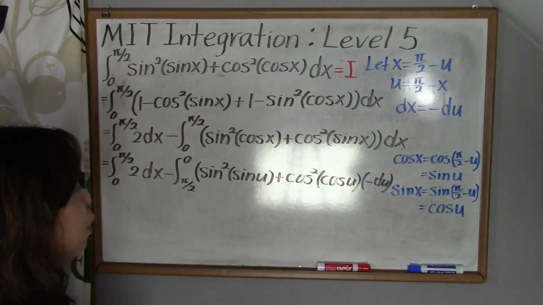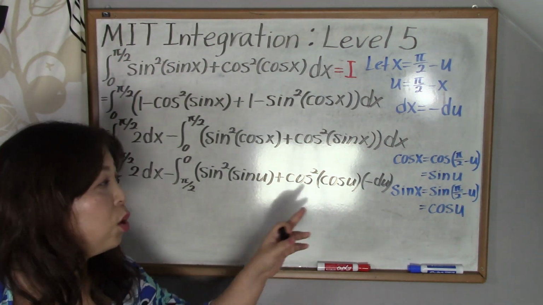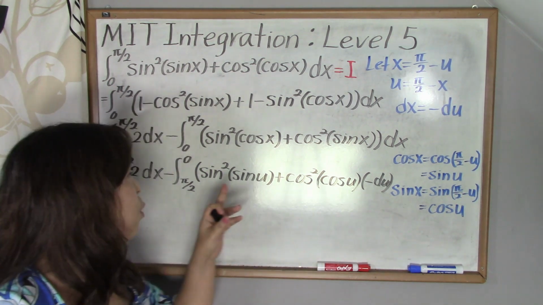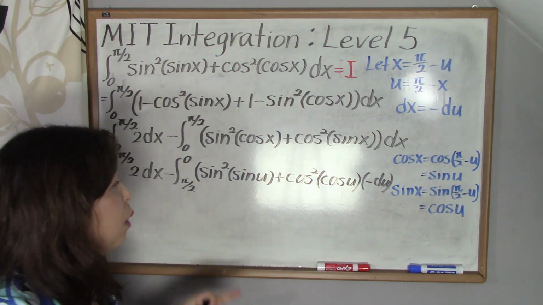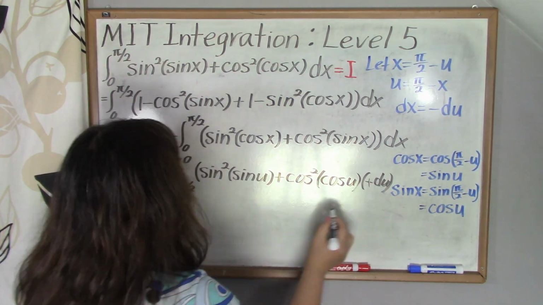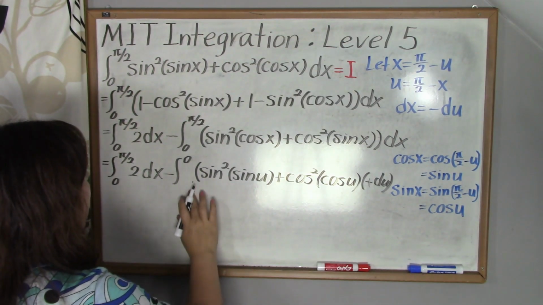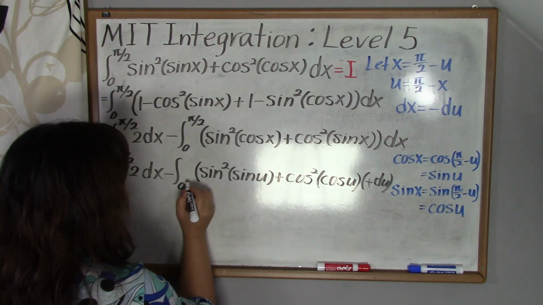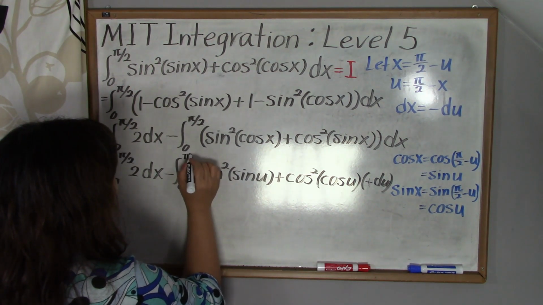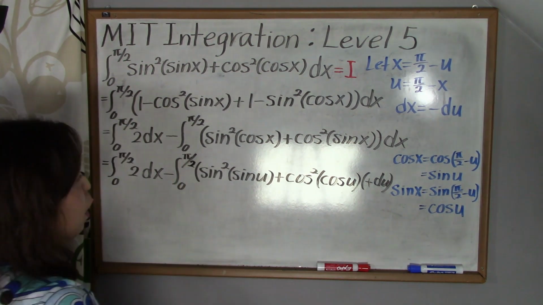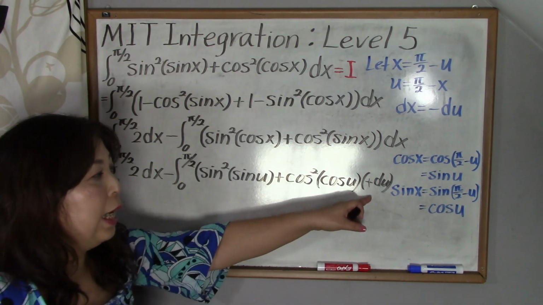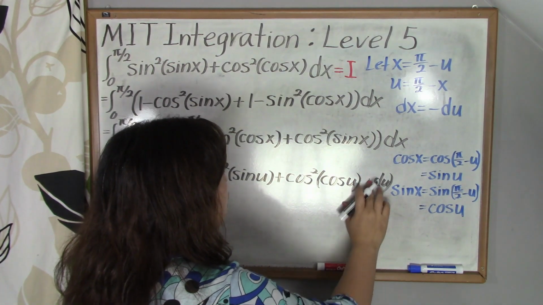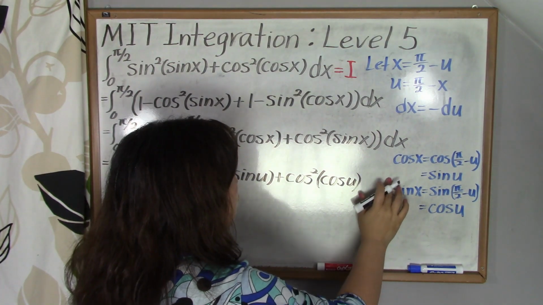Now we can take advantage of this negative sign to swap the bounds. So this is going to be plus, and then switch the bounds: integral from 0 to pi over 2 now. And then I'm going to rewrite this one, plus du, just du.